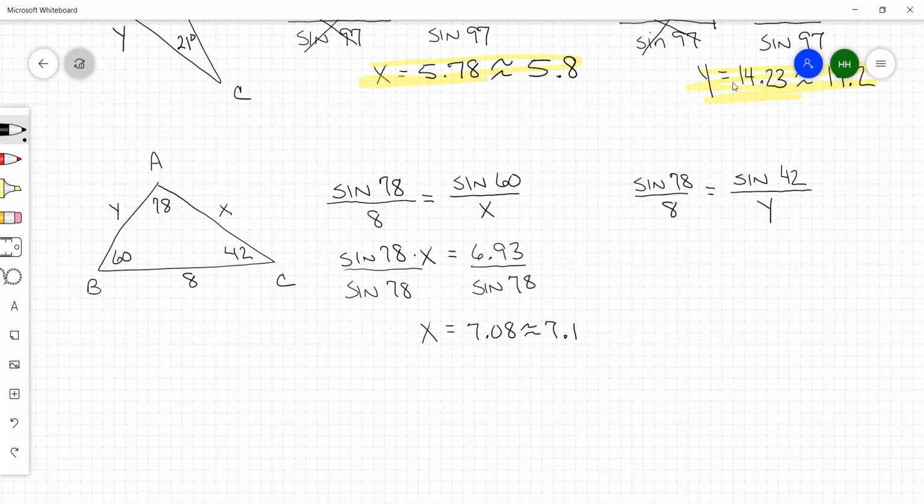In the second proportion, sine 78 times y is equal to sine 42 times 8, which is 5.35.